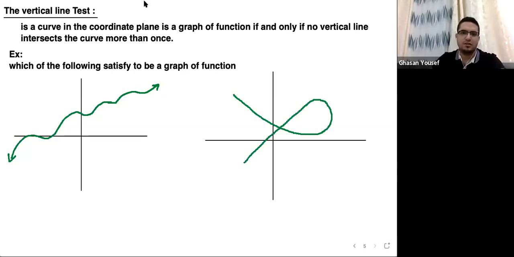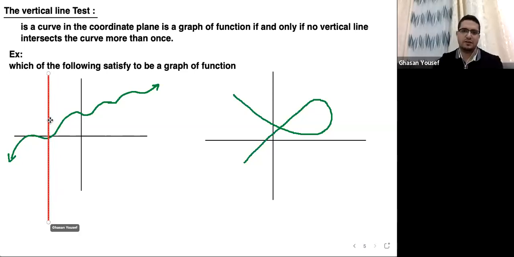To check if the first curve represents a function, I graph a vertical line like this and pass it across the curve.